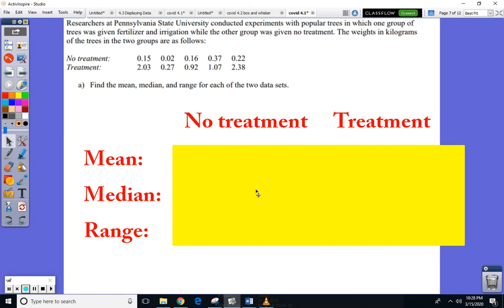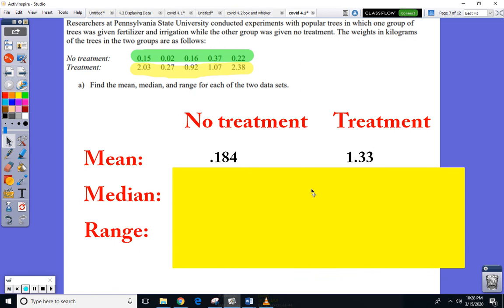Average. So for average, we add all 5 things together, hit enter, then divide by 5. If I'm looking at them, which one is going to have the lower mean? Obviously it's the green one because they're smaller numbers. So there's our means. We add them together, hit enter, divide by 5.